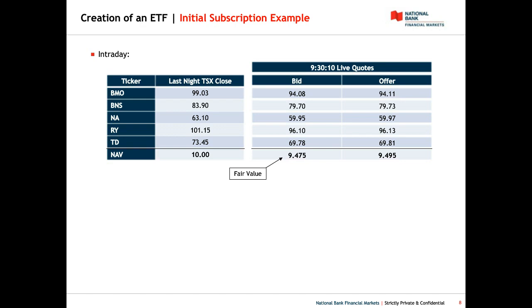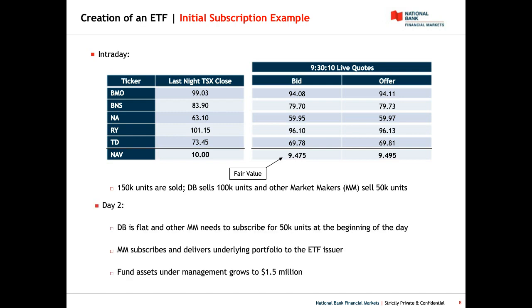Now, let's assume that 150,000 units were sold on the first day. The designated broker sold 100,000 shares, and another market maker sold 50,000 shares. On day two, that designated broker is flat because they sold their 100,000 initial units, which is, I should say, an ideal position because market makers typically don't like to hold large amounts of inventory.